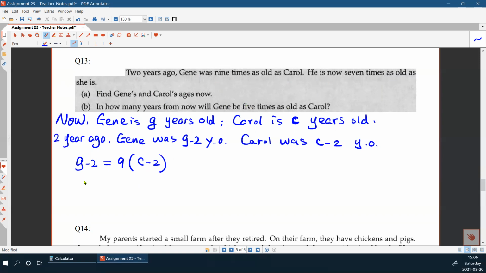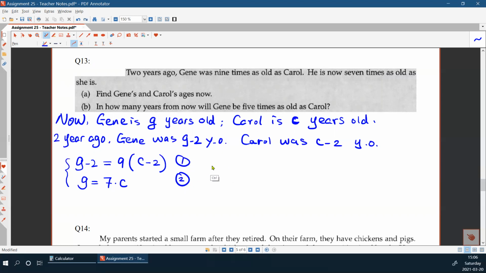So that means G is 7 times Carol's current age, which is C, right? These are the two equations we have interpreted from the English expression, right? Okay, so let's see, this is equation 1 and this is equation 2.